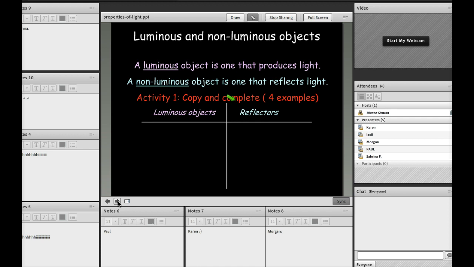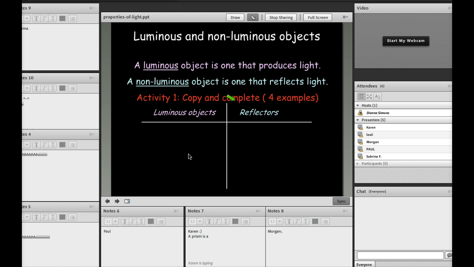Okay, so this is what I want you guys to do for me. Type in the chat box, whatever this is, Notepad, sorry. A luminous object is one that produces light, and a non-luminous object is one that reflects light. So I want you to just think of 4 things that produce light and 4 things that reflect light.